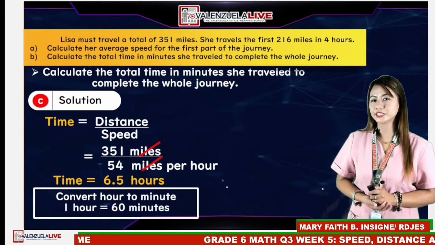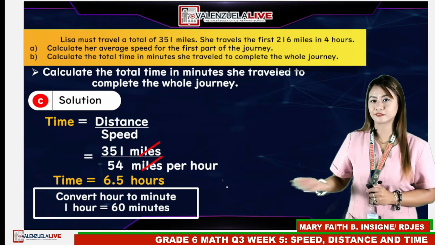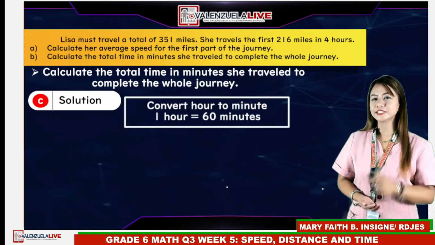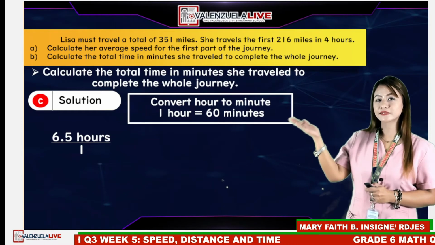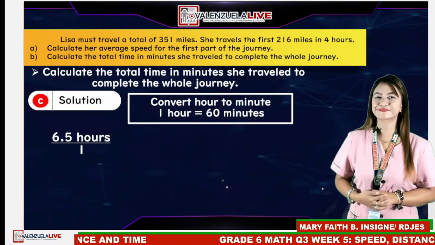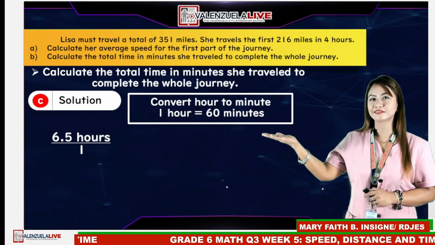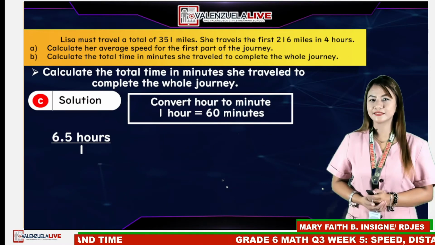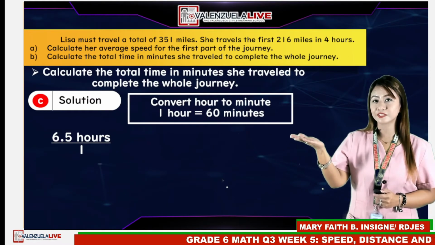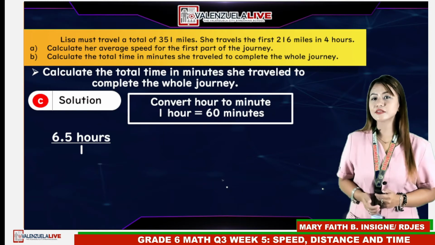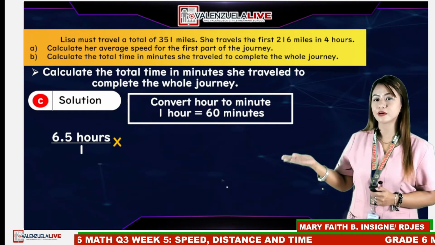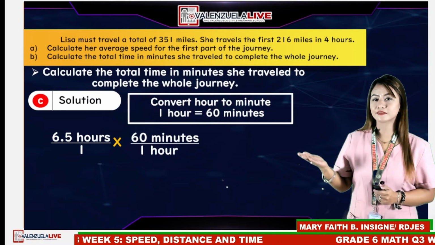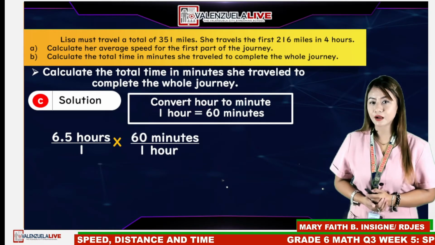We need to convert hours to minutes. To convert an hour measurement to a minute measurement, multiply the time by the conversion ratio, or 1 hour equals 60 minutes. Since 1 hour is equal to 60 minutes, here's how to set up the conversion. So we have the 6.5 hours multiplied by 60 minutes in 1 hour.